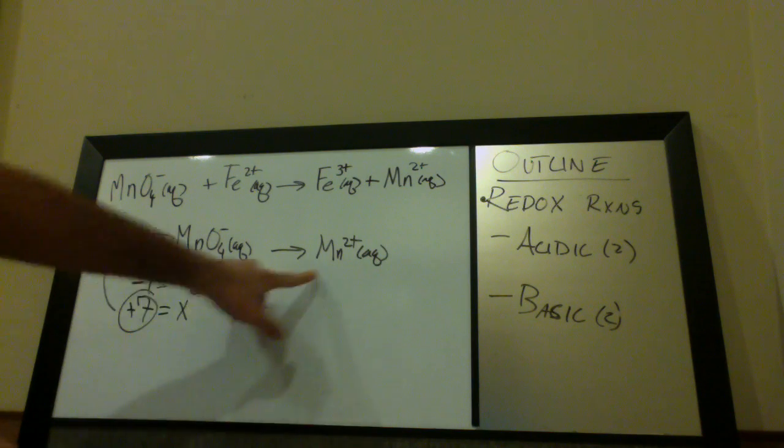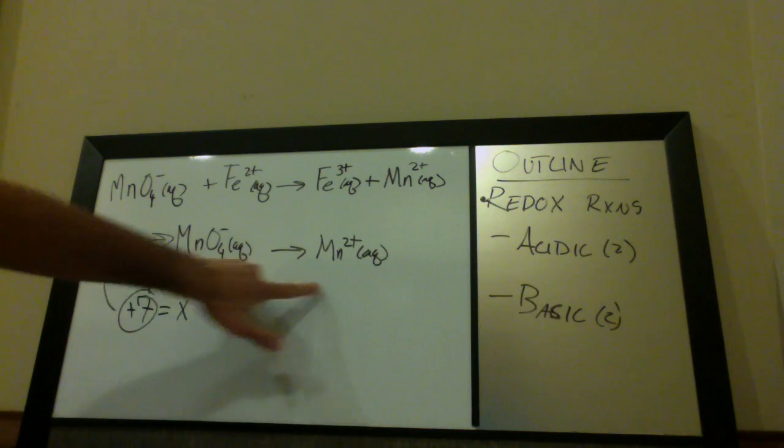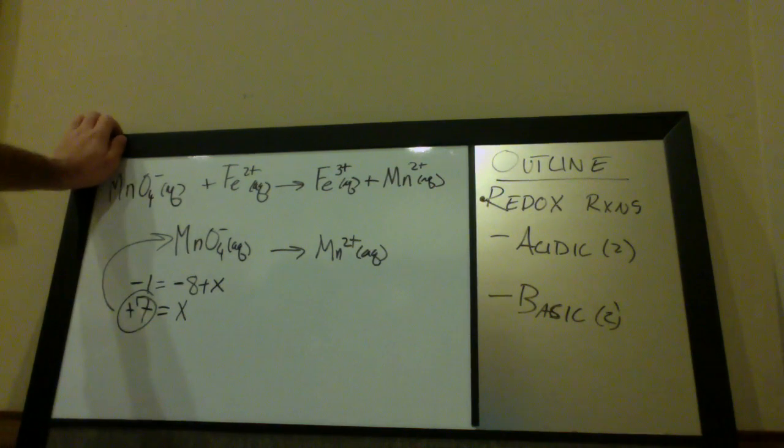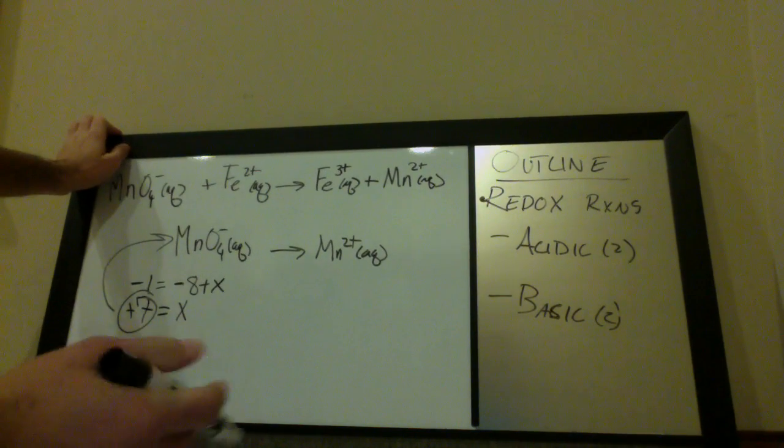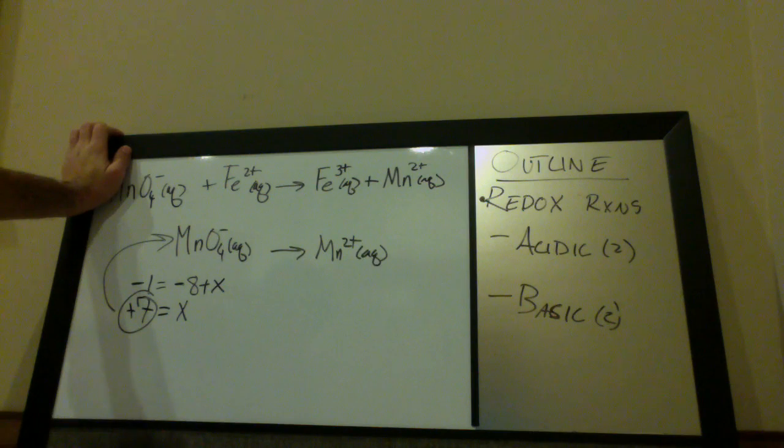So somehow it gained electrons, right? It became less positive. And this is showing that manganese is reduced. This is a reduction half reaction.